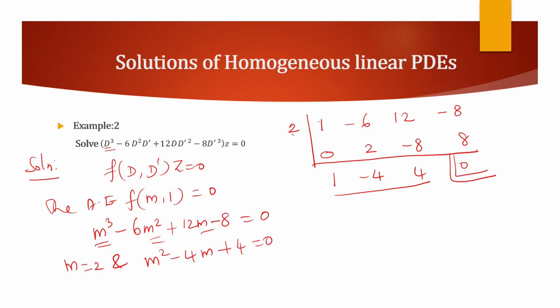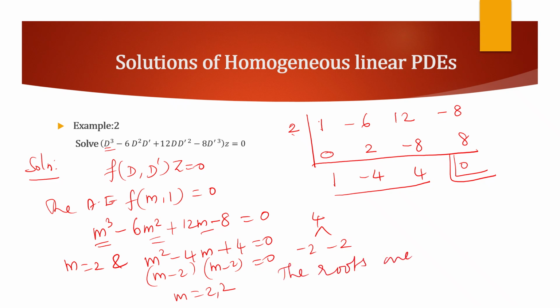Now solving this quadratic equation, we can find the remaining two roots, which is similar to the previous problem. So m minus 2 into m minus 2 is equal to 0, which implies m is equal to 2 and 2. Already we have one root as 2, so all the roots are the same. The roots are m is equal to 2, 2, 2.